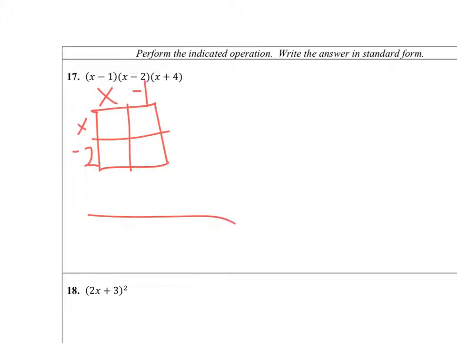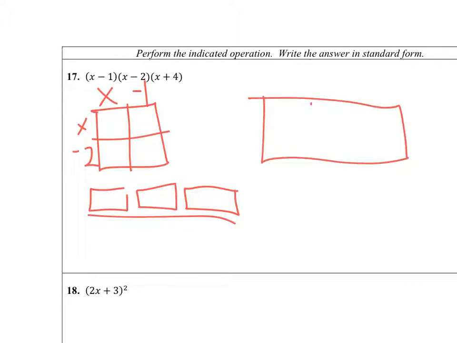Whatever answer you get, it should be 3 terms. I'm putting these 3 boxes to represent the 3 terms. Then you're going to need another box, but now it's a 2 by 3, so that's going to be x plus 4 times whatever we got down here. Those will go up here.